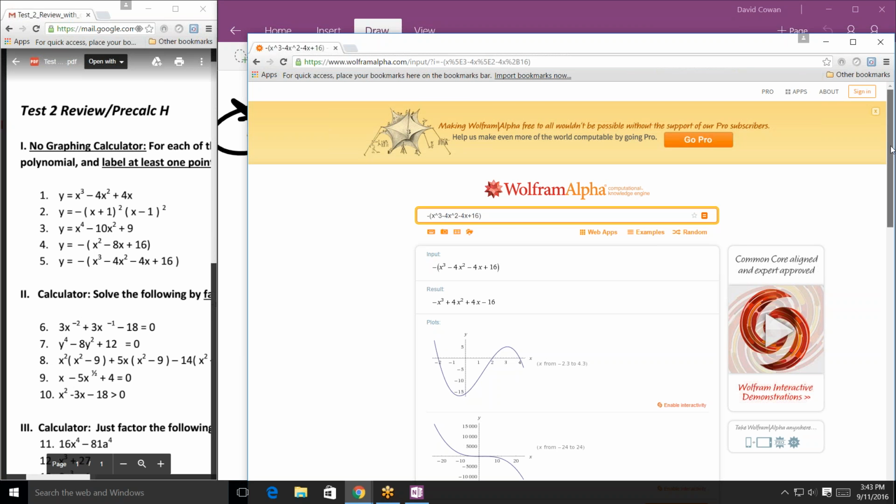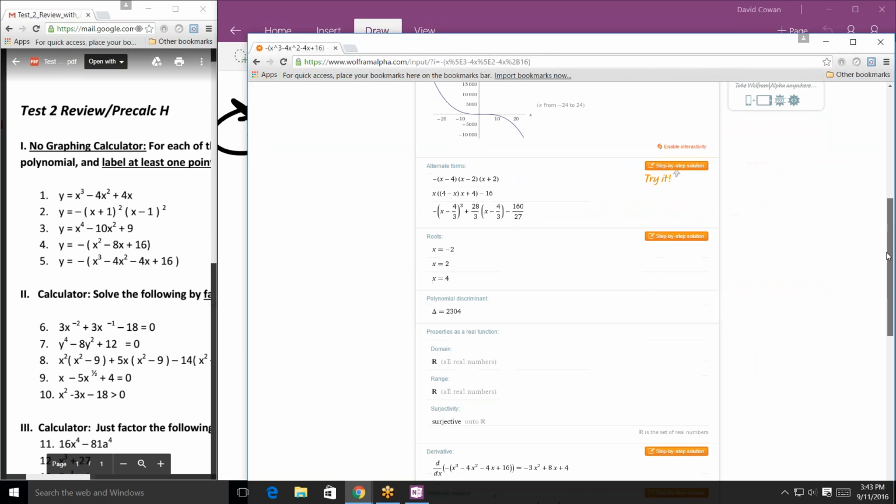Notice immediately what it did. It gave me the 3 zeros. Minus 2, plus 2, and 4. So the fact that it gives you the zeros is huge. That's one of the most important things you can have in math, is where are the zeros of this polynomial?